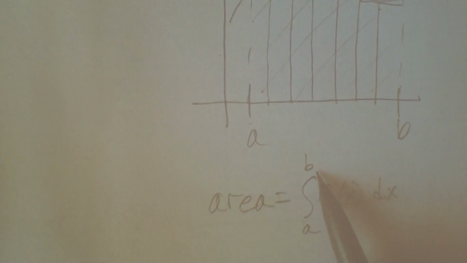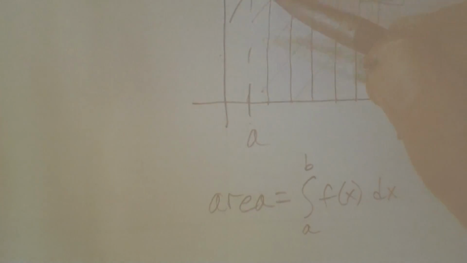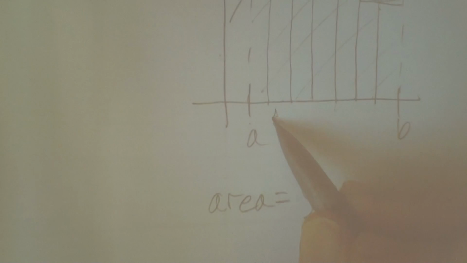What does the integral symbol stand for again? Sum. Sum, right? This is an infinite sum from a to b of f of x times dx. f of x is your function value, and it gives the height of the rectangle. dx, if they're all equal width, we used to call it delta x back when you were young, right?